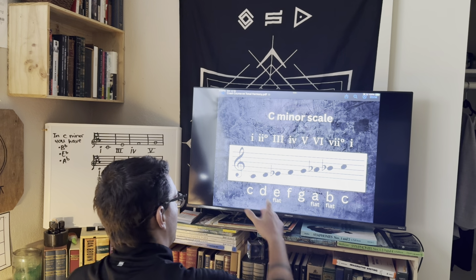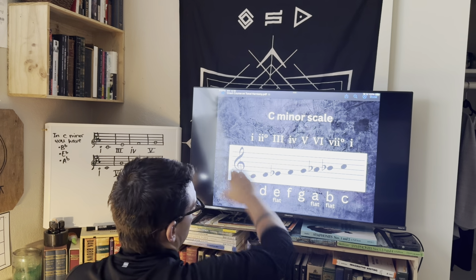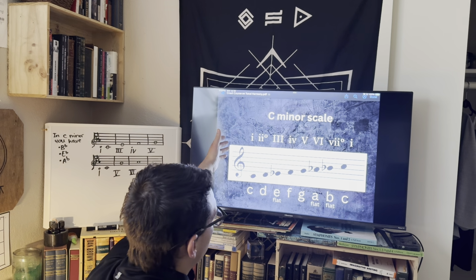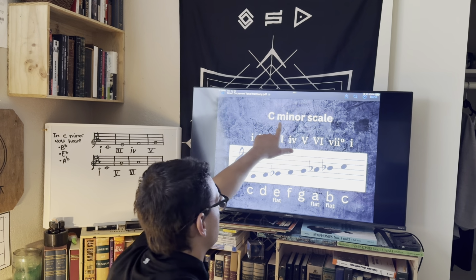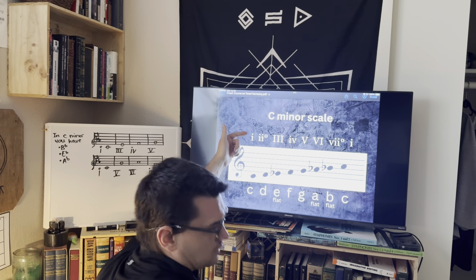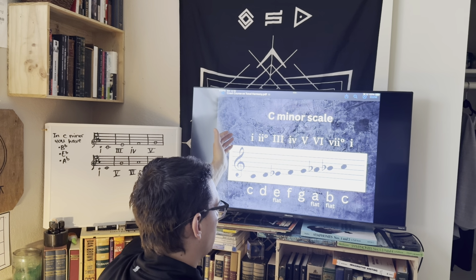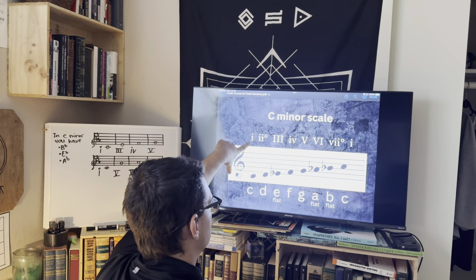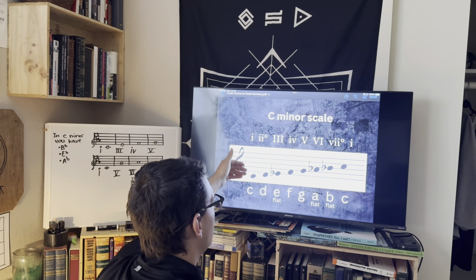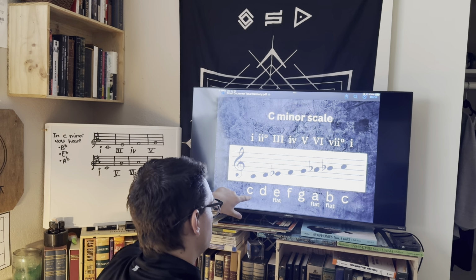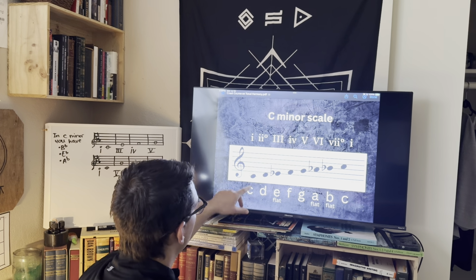But I will mention that typically in music theory, when you're describing something that is minor, you're going to use a lowercase Roman numeral. So in this case, it is describing a minor triad built on 1, which is C in this key.